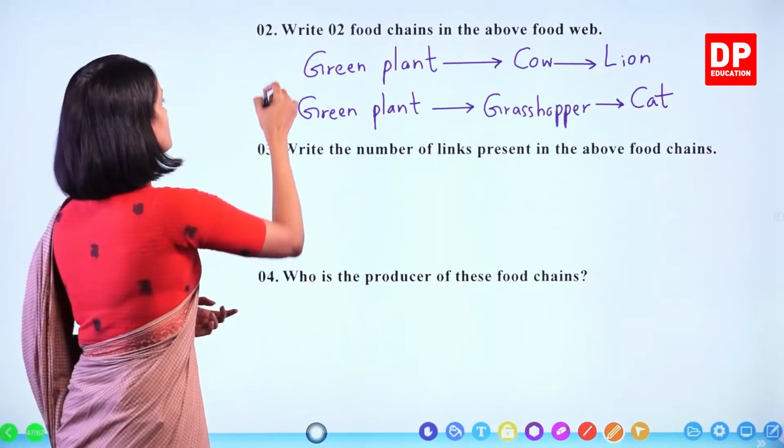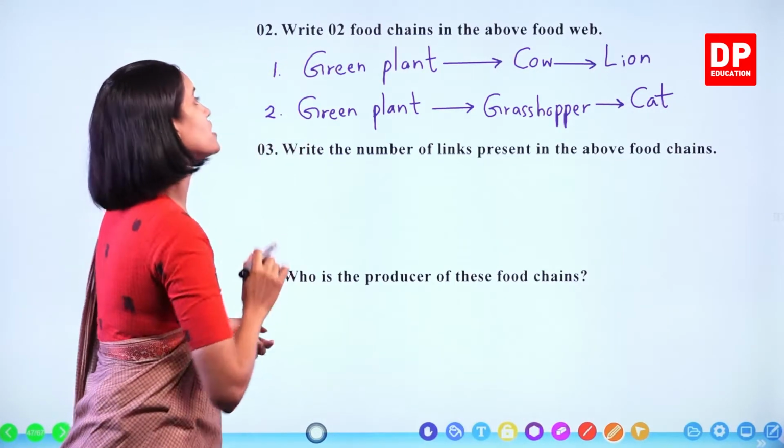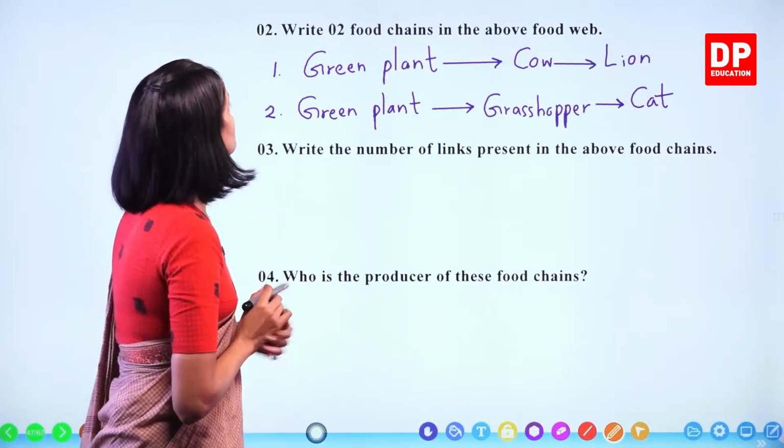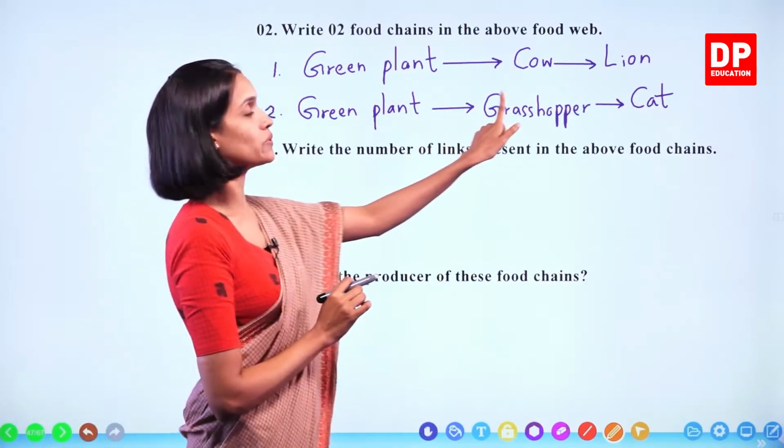Okay, children. Number 2: write 2 food chains in the above food web. Green plant, cow, lion; green plant, grasshopper, cat.